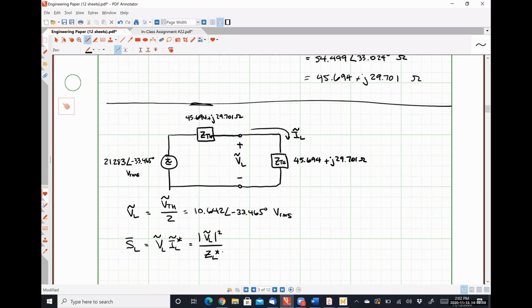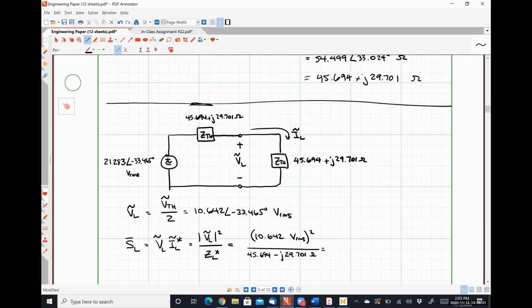So we know the magnitude and we know our load impedance. So that would be 10.642 volts RMS quantity squared divided by 45.694 minus j29.701 ohms.